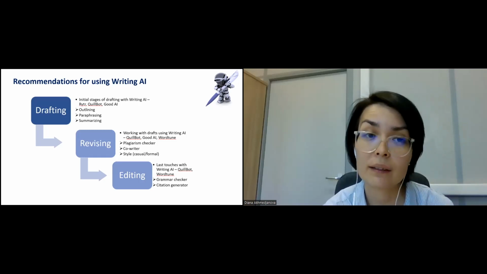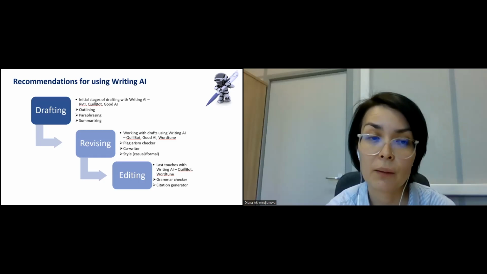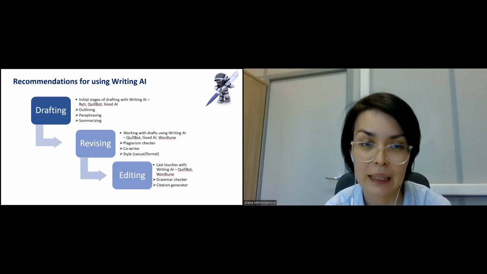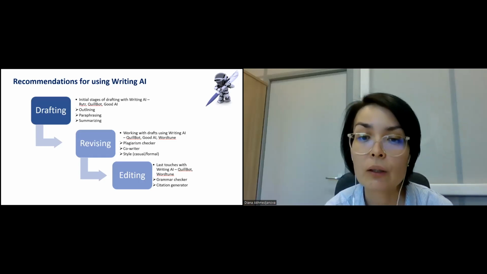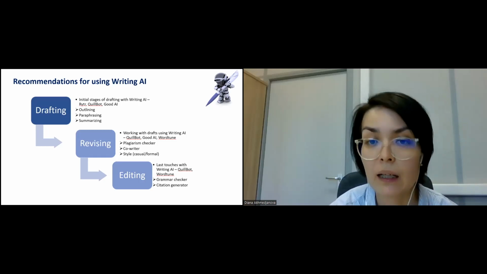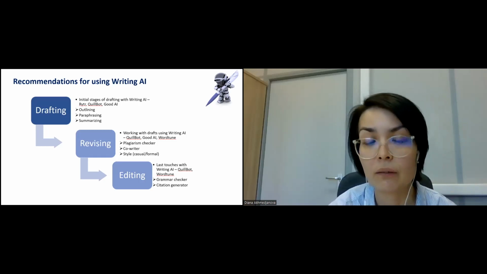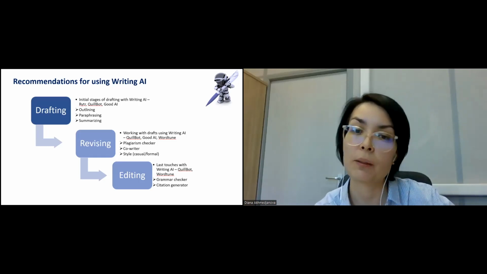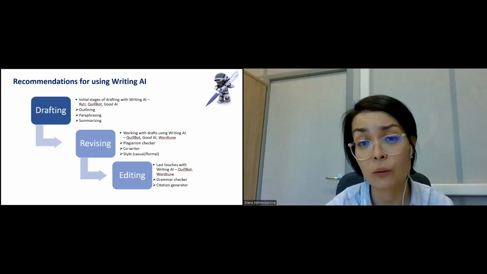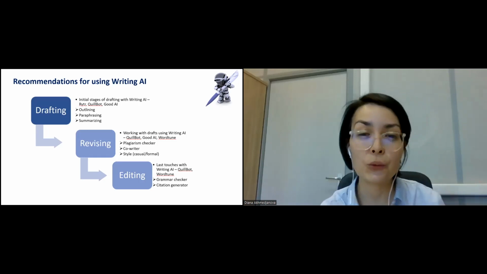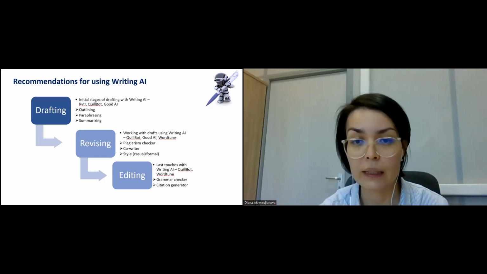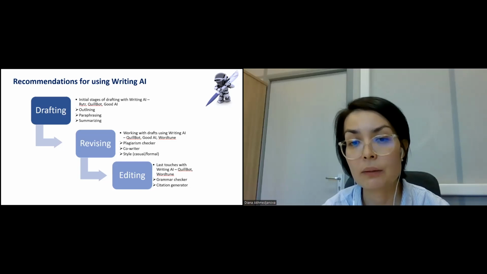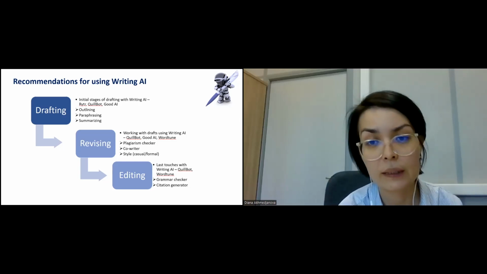But try to be very thoughtful when you're using them, and we'll come back to that later. You can also use them for revising, like a plagiarism checker, or as a co-writer when you, for example, are stuck and don't know how to develop some of your ideas. I think co-writer can be a good strategy to use, but don't over-rely on it.